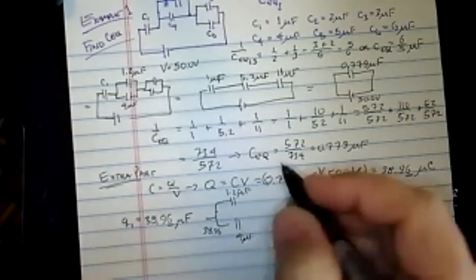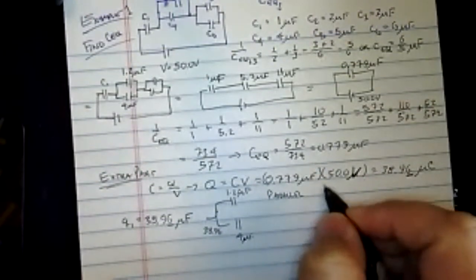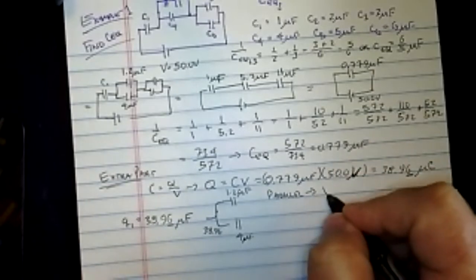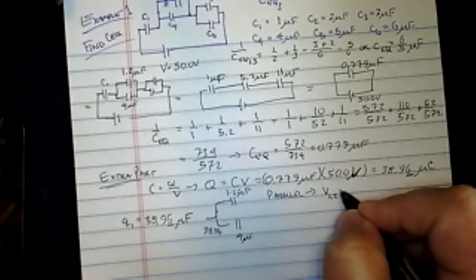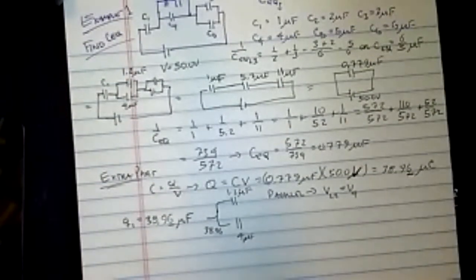Okay, well, they're in parallel, which in our labs later we'll learn that parallel means the voltage across the 1.2 is equal to the voltage across the 4. So whenever things are in parallel, their voltages are equivalent.